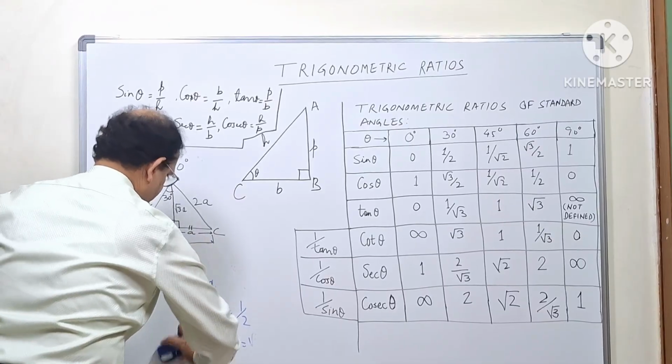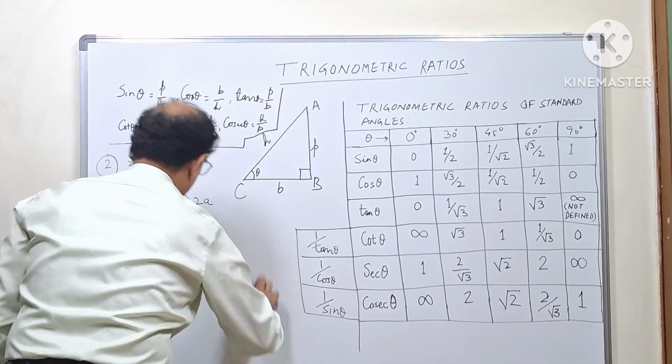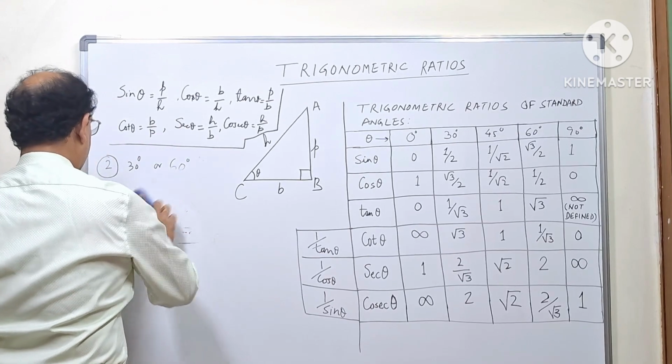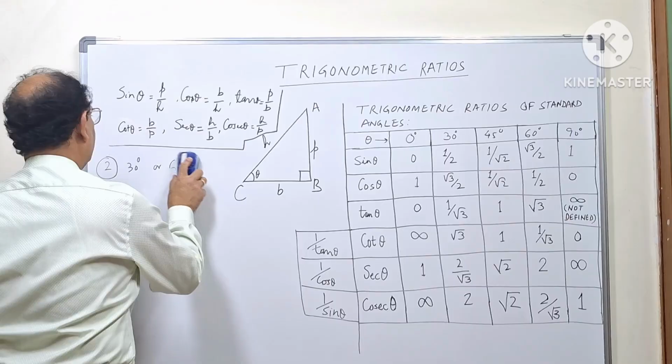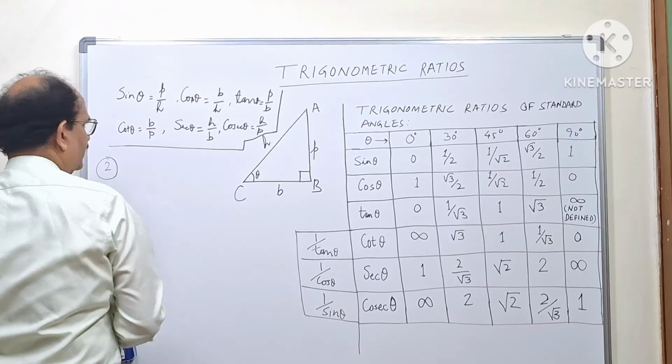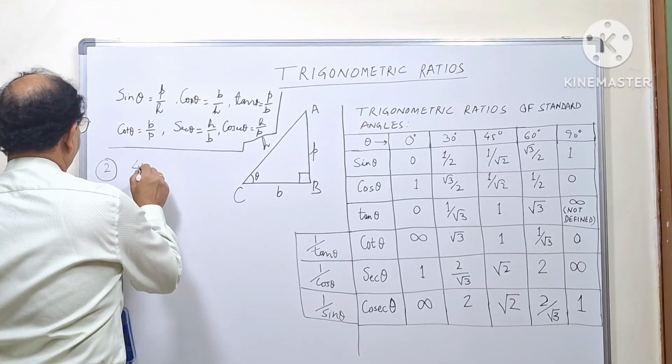Now let's find out how we get the values of trigonometric ratios if theta is equal to 45 degree.